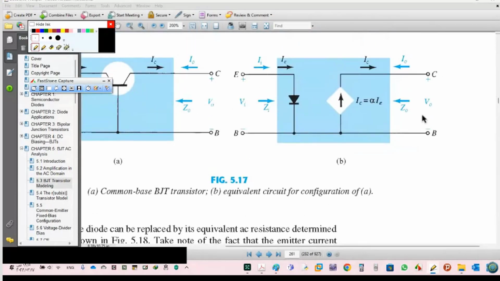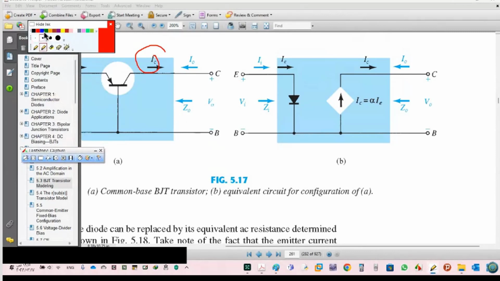For common base, if we return back to the figure of this configuration, see here, I have IE in, IB out, and IC out.